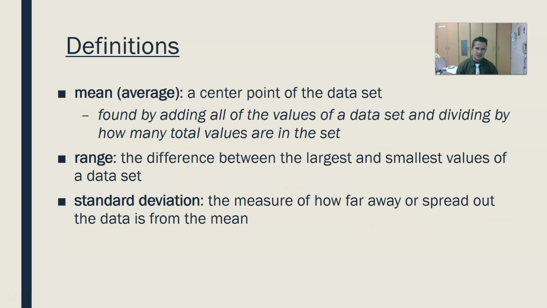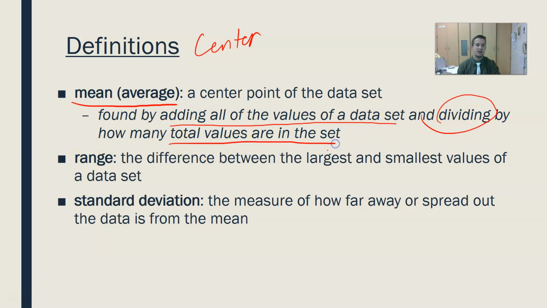So some definitions. Some of these you'll know, some of these you won't. The first one is the mean. We're talking about measures of center. So the mean, or the average, is a center point of the data set. I find the average, or the mean, of a bunch of values by adding all the values of a data set together and dividing by how many total values there are in the set.